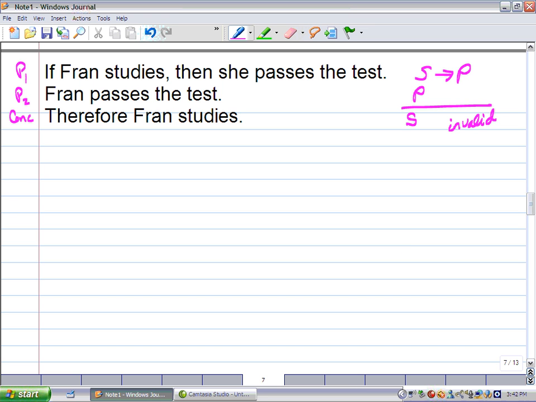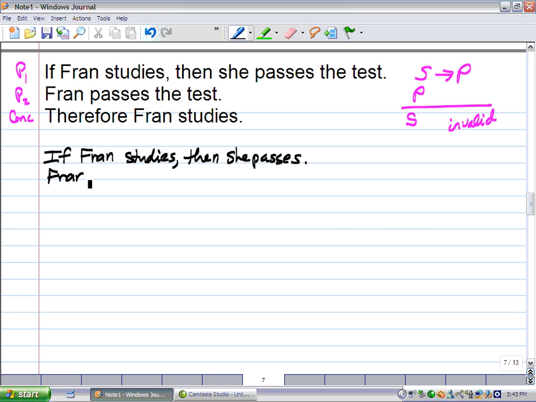What would have made this one a valid argument? What if we had, if Fran studies, then she passes.